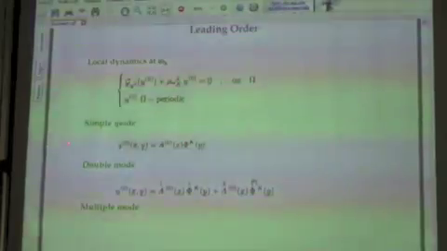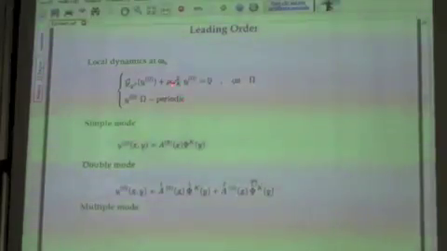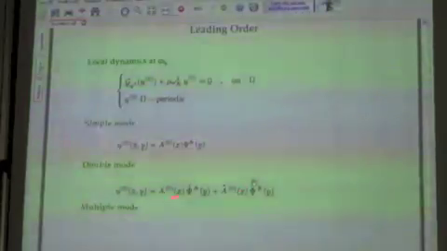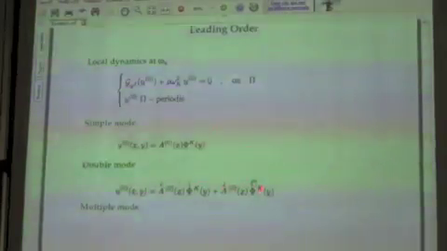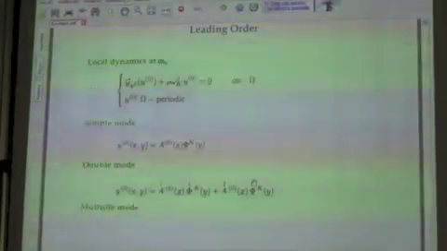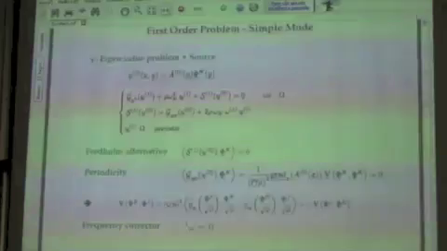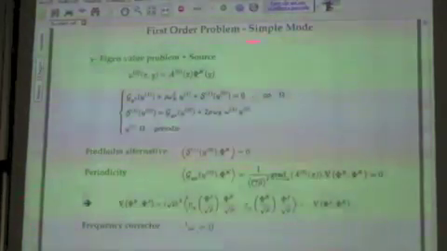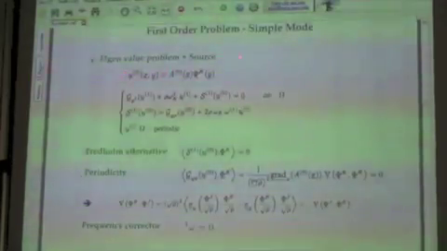This will be the case for a simple mode, but if at this frequency the mode is double, you will have two amplitudes, a decomposition according to the two modes at the same frequency. If the mode has multiplicity n, you will have n amplitudes that appear. So first I will consider the situation for simple modes. So the homogenization process: the first order was this one, then we go to the cascade of resolution.